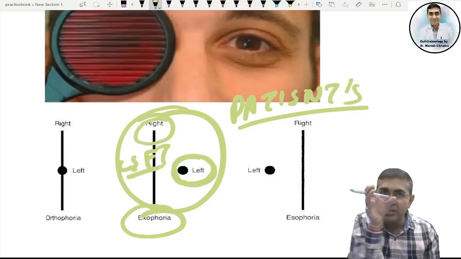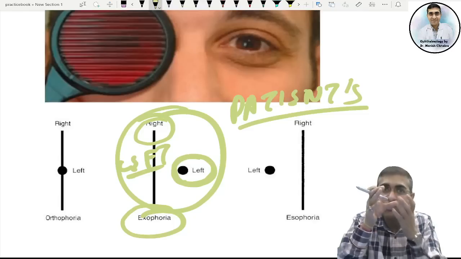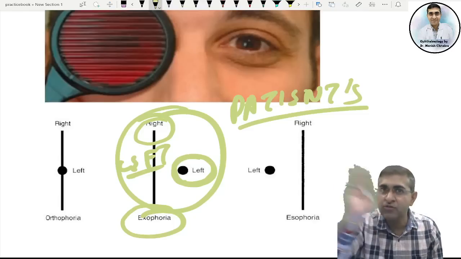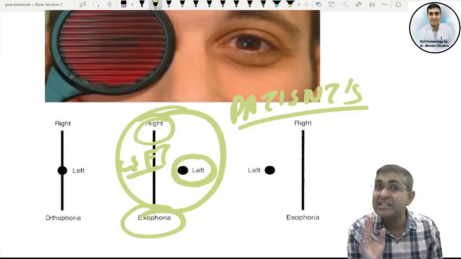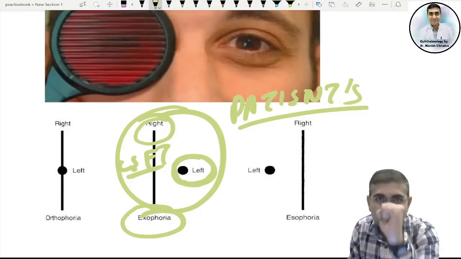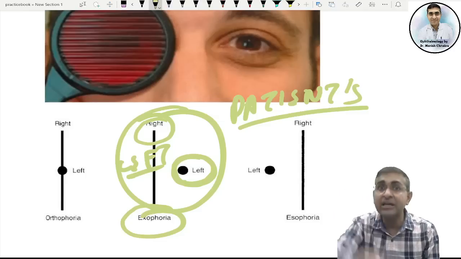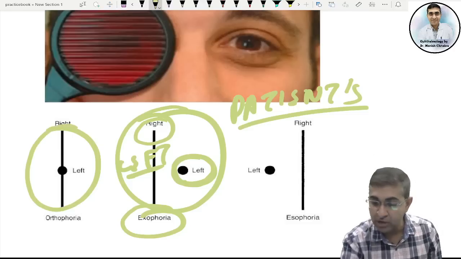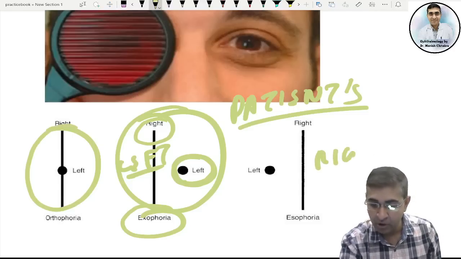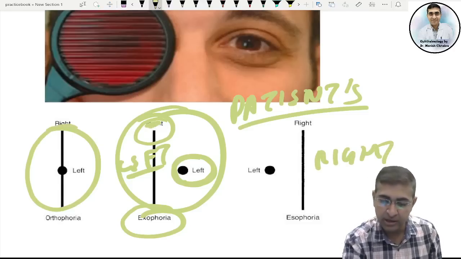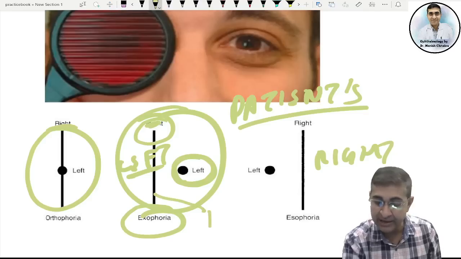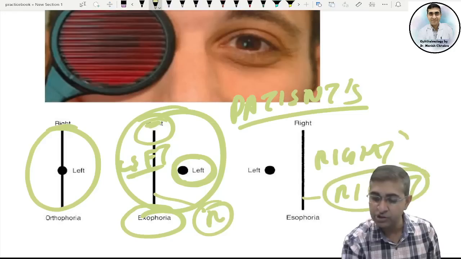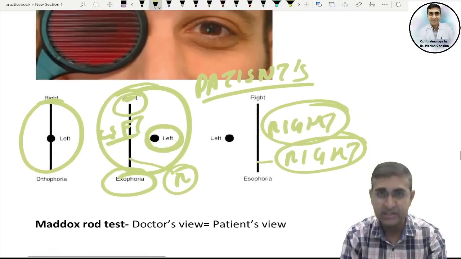If the eyeball has turned inside, instead of the fovea, now the nasal retina is being stimulated, but the nasal retina interprets the vision from the temporal field, and as a result the patient is going to see the torchlight, and the vertical line which ideally should cut the torchlight will now be shifted onto the right side. So this is the left side, and this is the right eye image, which is now shifted to the right side. Yes, I hope you have understood.